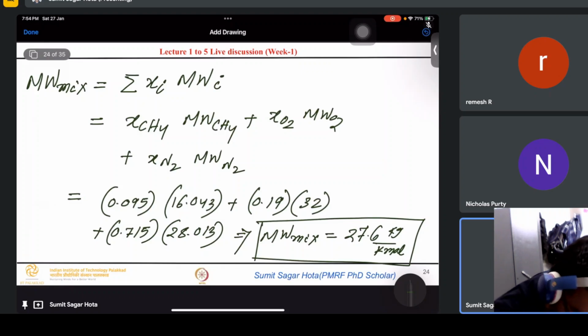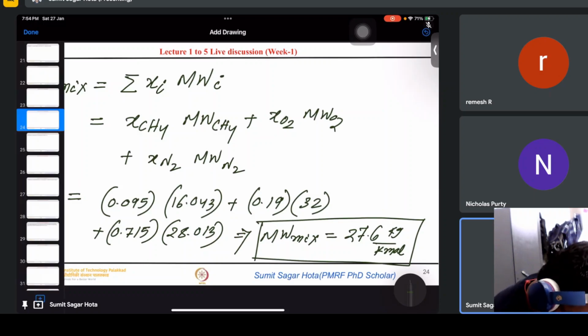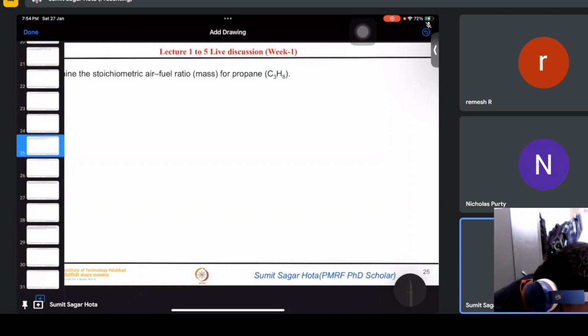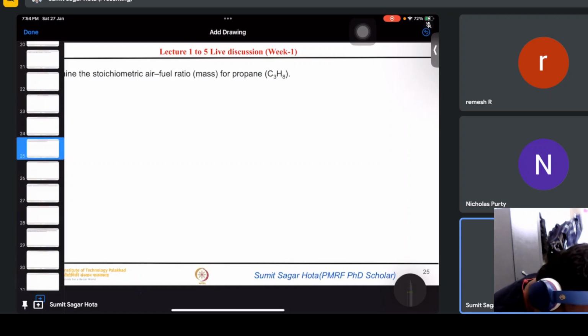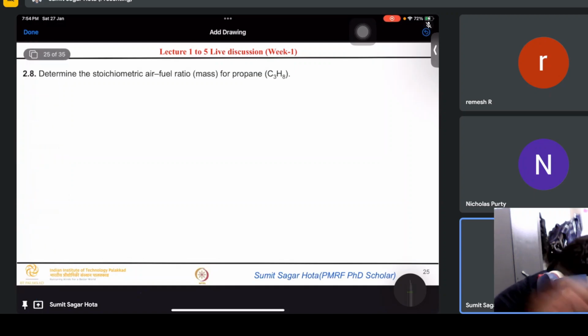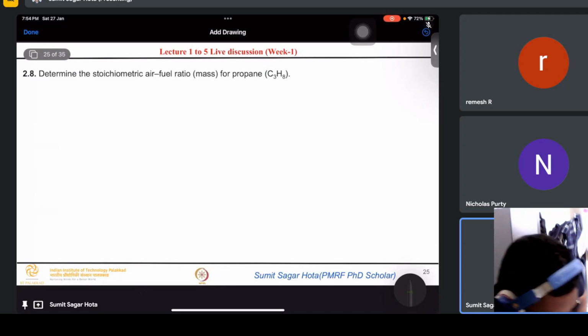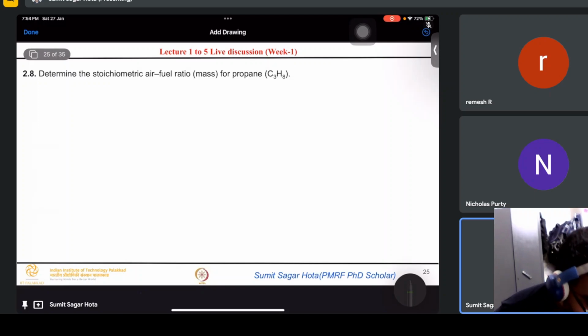One more problem. Stoichiometric air-fuel ratio for propane. We have to find out the air-fuel ratio. For air-fuel ratio, what do we need?